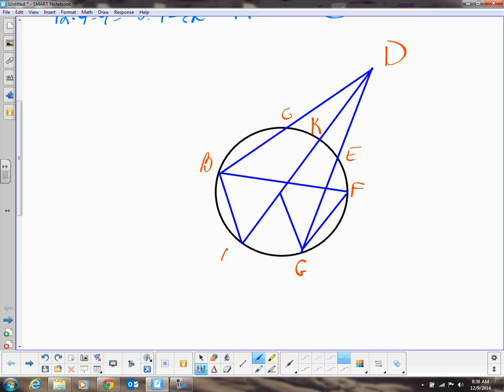G, A, H, J. All right. They told us that KF, this whole thing right here, is 40. They told us that EF is 10. So what does that make KE? 30. All right. Then they told us that CK is 40.